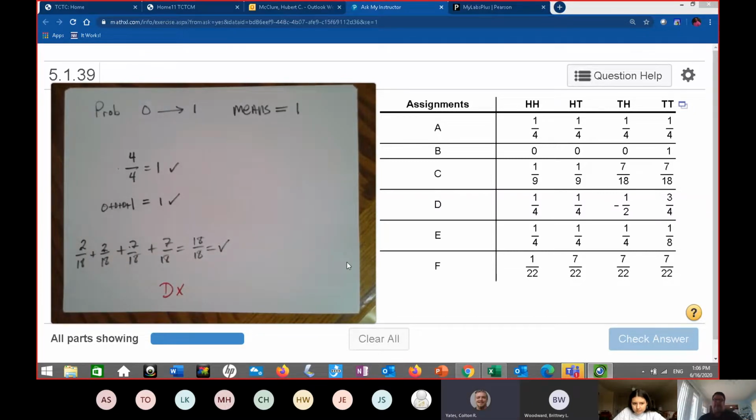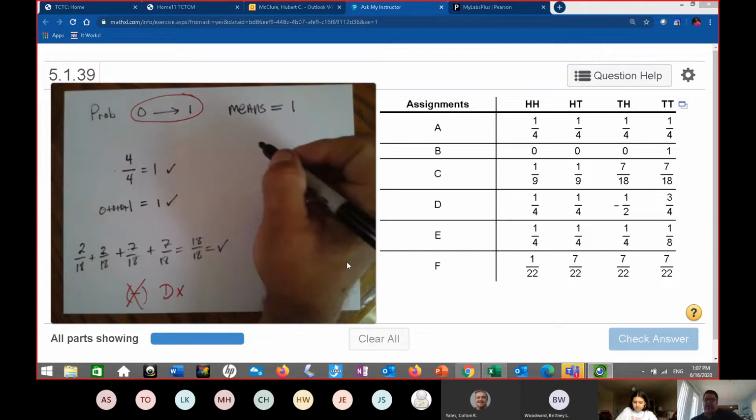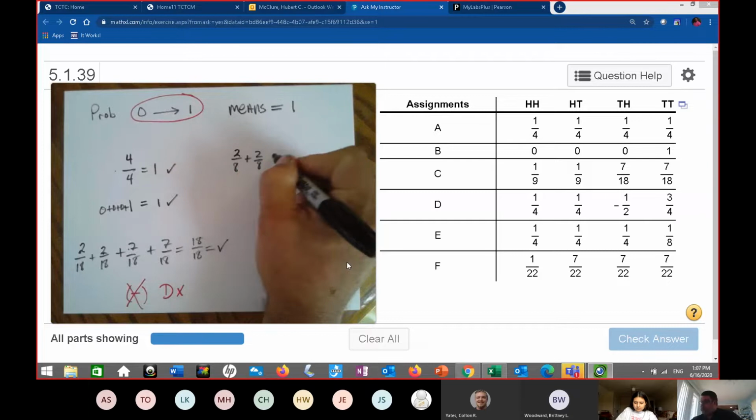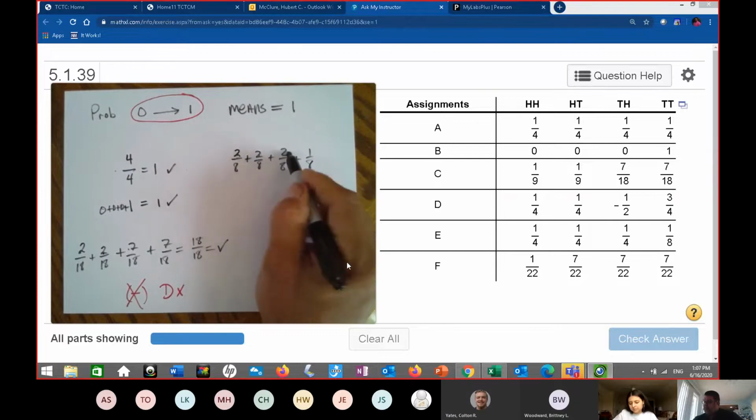Why? There's a negative. You can't have a negative in probability because it's not between 0 and what? 1. Okay, so D is not a possibility. All right, we got to get another common denominator of 8. So that's going to be 2 8s plus 2 8s plus 2 8s plus 1 8. 2, 4, 6, 7. 7 8s is not equal to 1.